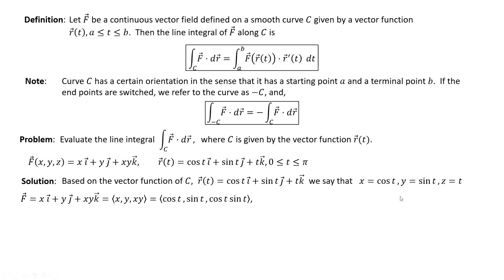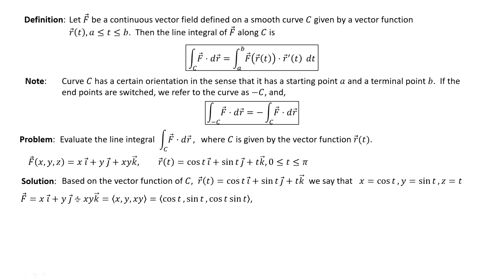What happened to the z? Well, this vector field doesn't have a z in it. The vector field has a z component, but those components are not dependent on the z coordinate. Please be absolutely clear about that. Let me repeat that.